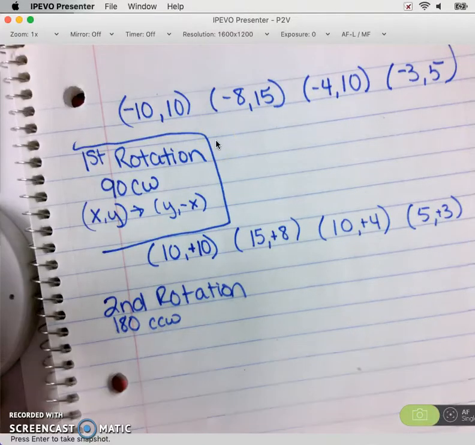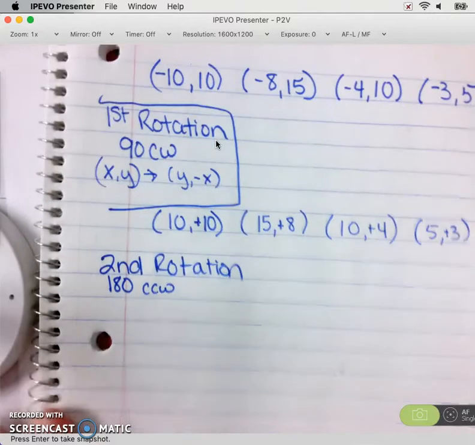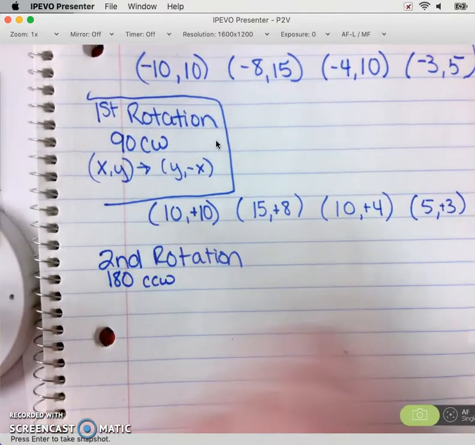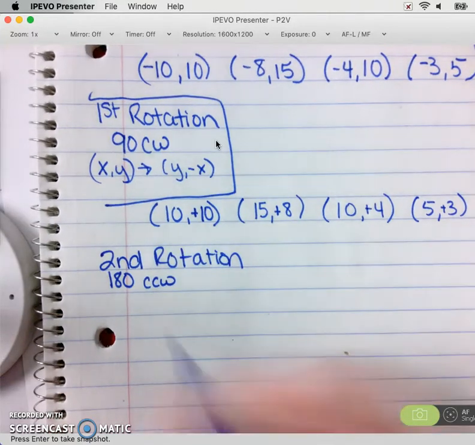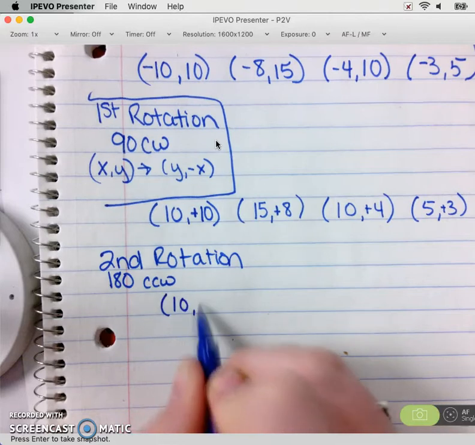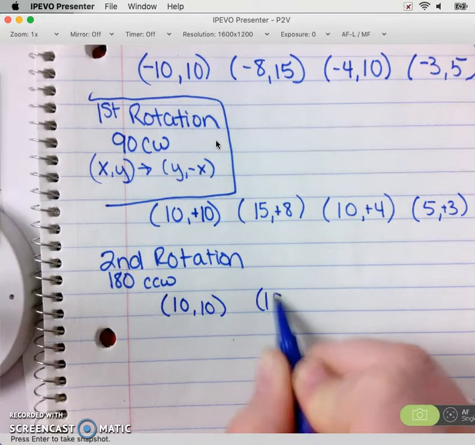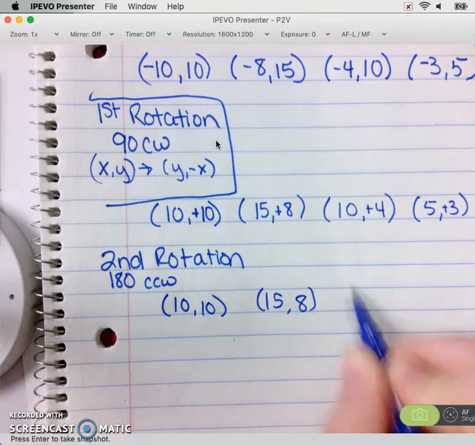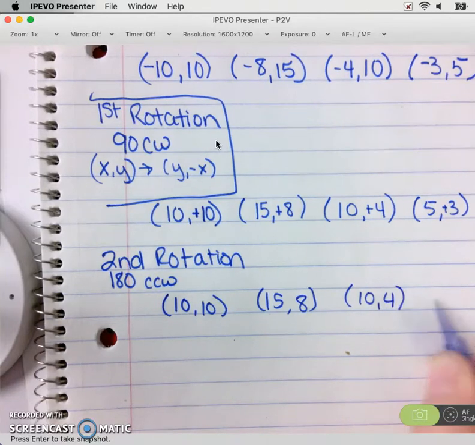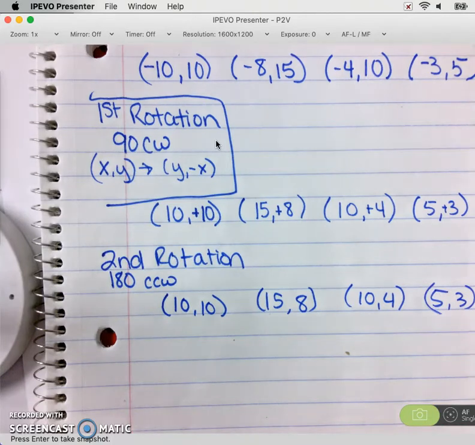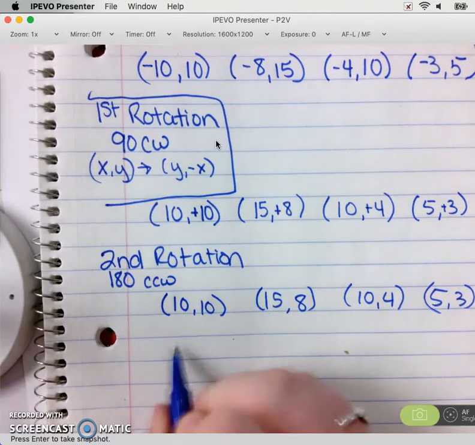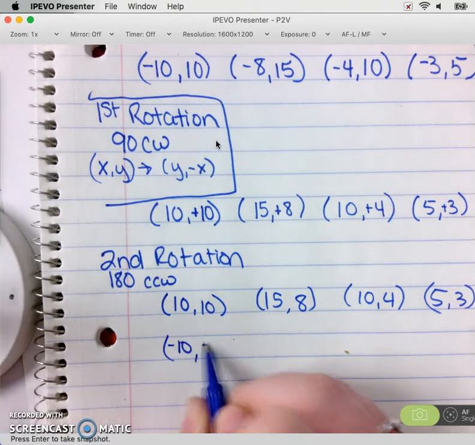If they were negatives, they would become the positives of them. So I'm going to take my points, these points right here. You want to rotate your previous image. So right here, I'm going to take these points, so it's going to be 10, 10, 15, 8, 10, 4, and 5, 3. And this is where, if they're positive, they become negative. So 10 becomes a negative 10, 10 becomes a negative 10.